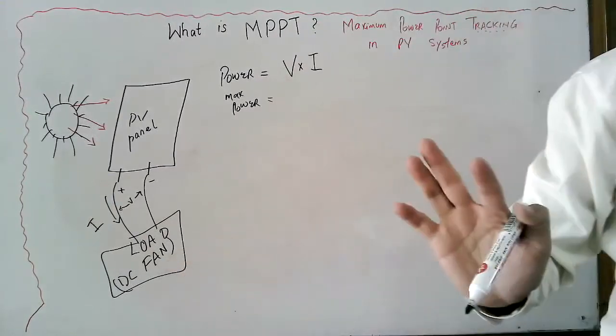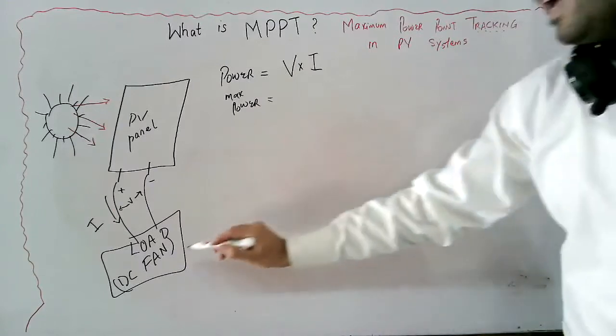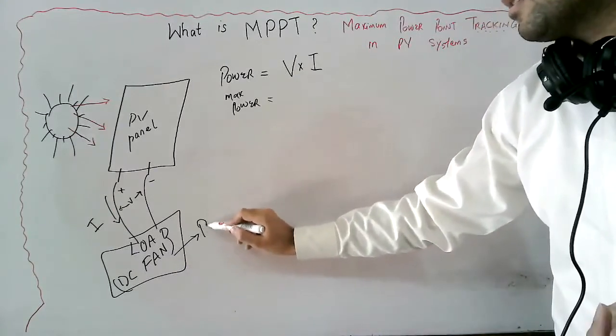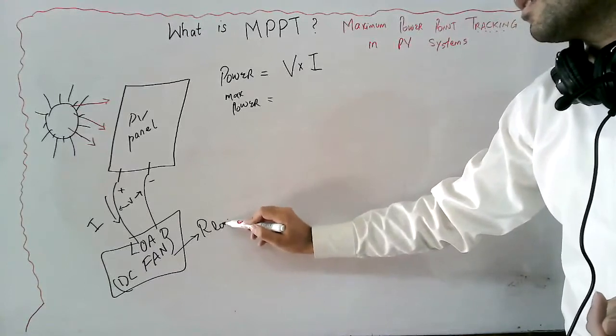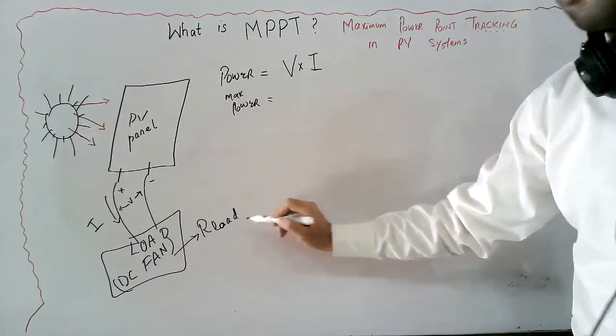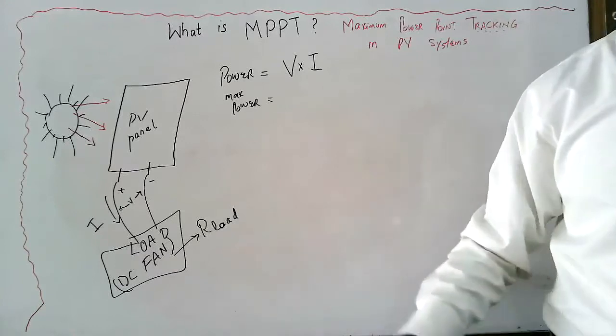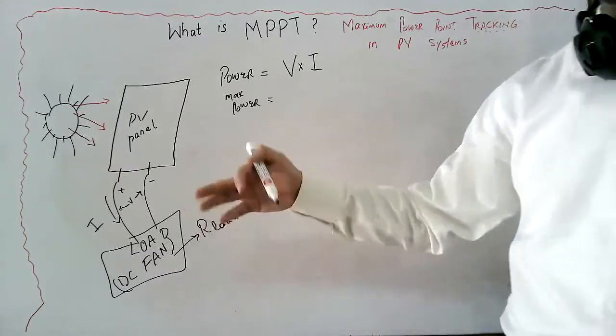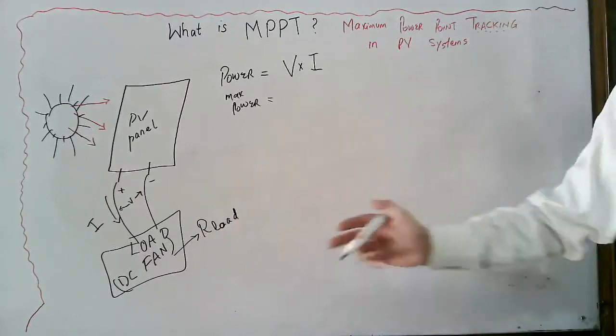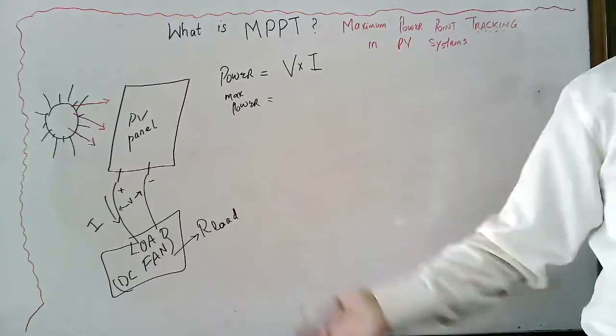But when you have to do maximum power point tracking, then this is the load and it is not in our control. The load has some specific resistance. Is this resistance in our control? No, the load resistance is independent.